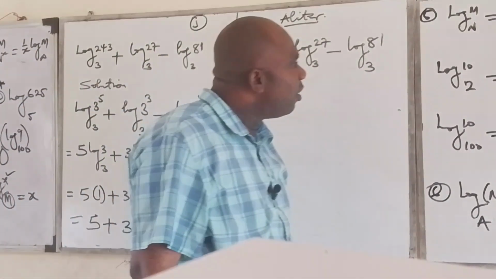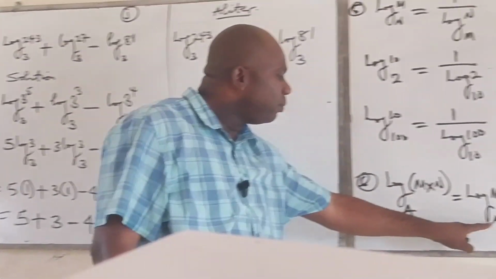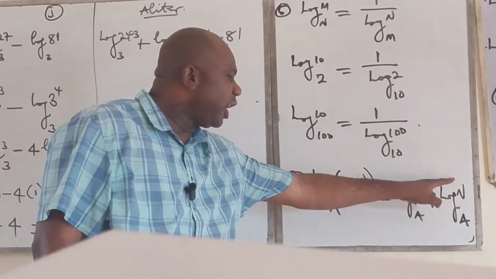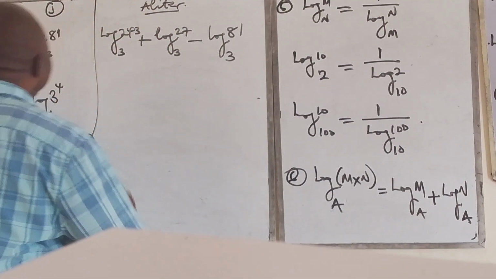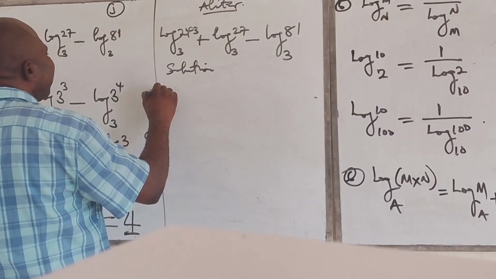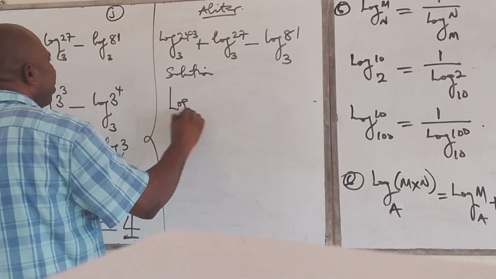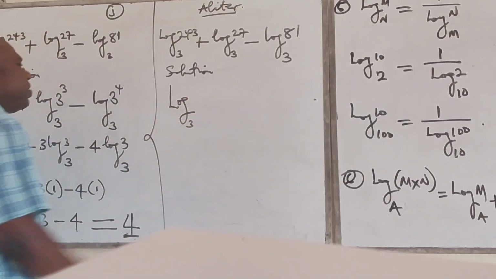And remember we said for multiplication, when you have a common base, log m base a plus log n base a is the same as log base a of m times n. So since we have a common base, base 3, base 3, base 3, I'll pick log base 3.